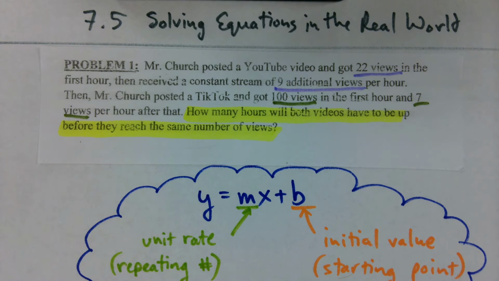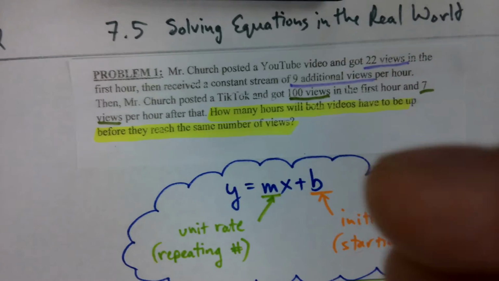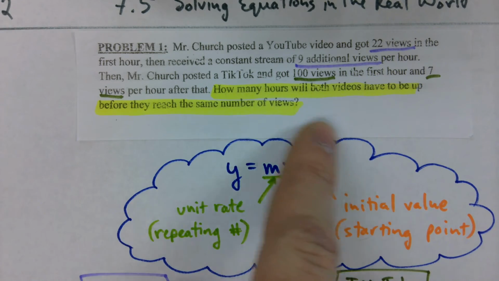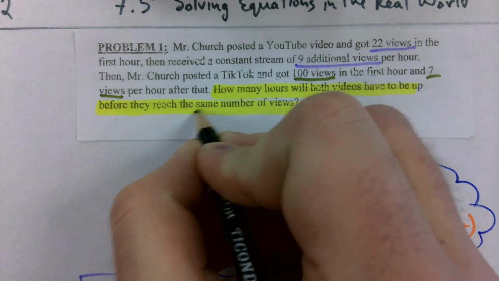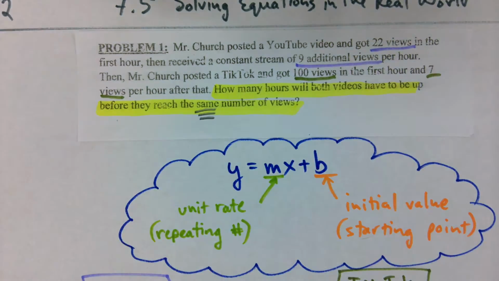So we want to find how much time has got to pass before they reach the same number of views. So because we see this word same in here, go ahead and do a triple underline under that. Same number of views.